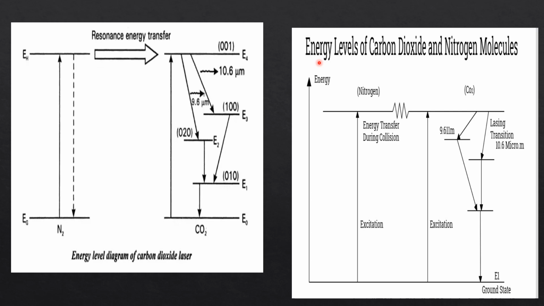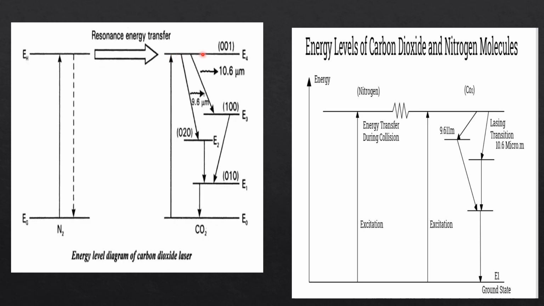You can see this energy transfer from one gas atom to another by these energy level diagrams of carbon dioxide and nitrogen. So in the CO2 laser, a mixture of gases is being used, among which carbon dioxide and nitrogen play a vital role. First step, the nitrogen collides with the highly energetic electrons and gets excited to the higher energy state. And since nitrogen has a nearly equal excited state as that of carbon dioxide, by means of inelastic atom-atom collision, nitrogen collides with the carbon dioxide and brings the carbon dioxide to the higher energy states.